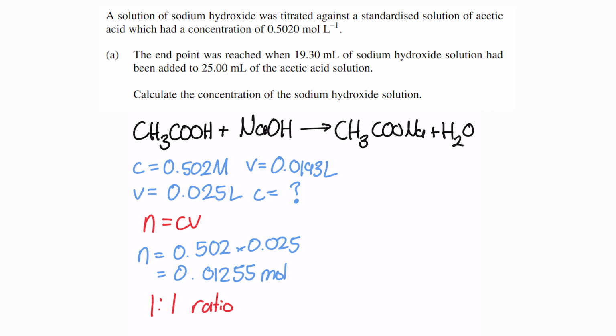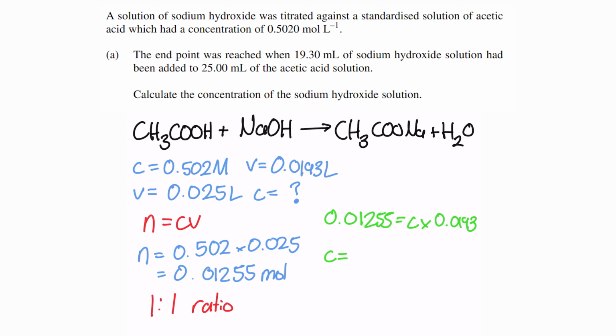Now, as previously mentioned, this is in a 1-to-1 ratio between the reactants and the products. So this is also the number of moles of sodium hydroxide. If that's the case, we can use the number of moles of sodium hydroxide and the volume to find the concentration. Again, using our n equals CV formula, we'll have 0.01255 moles is equal to the concentration times our volume.